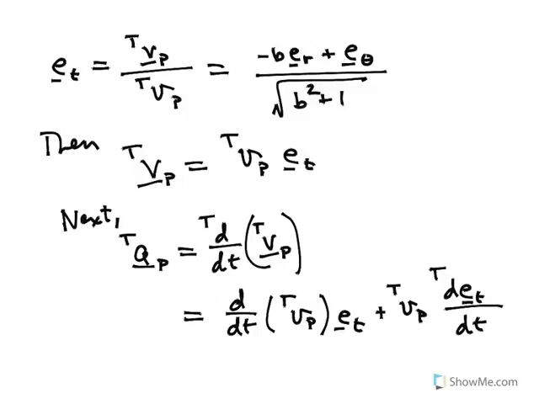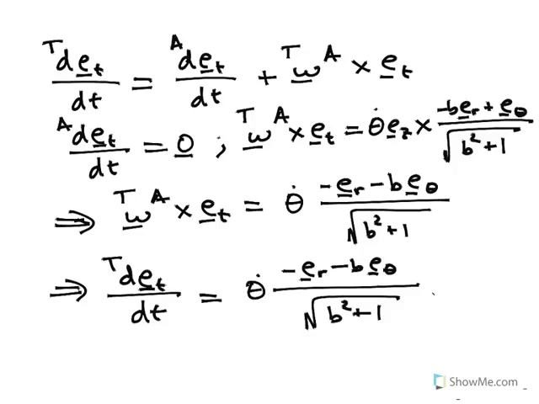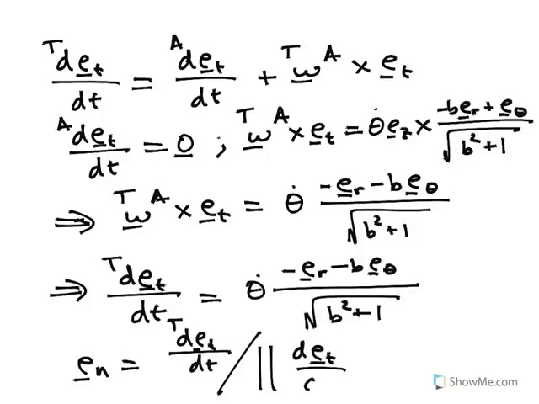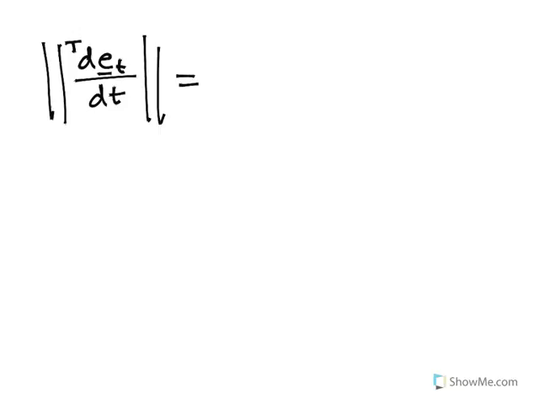Now, if you look at the vectors, we can see that the following is true. We know that En is equal to dEt/dt in t divided by the magnitude of dEt/dt in t. So let's compute the magnitude of this rate of change of the tangent vector as viewed by an observer fixed to the track. What's that equal to?